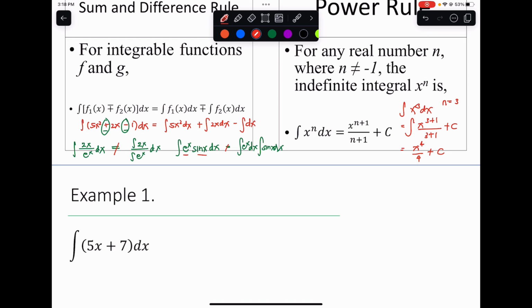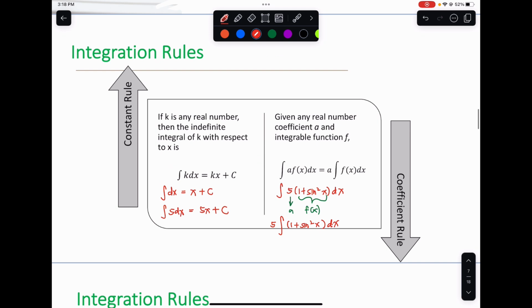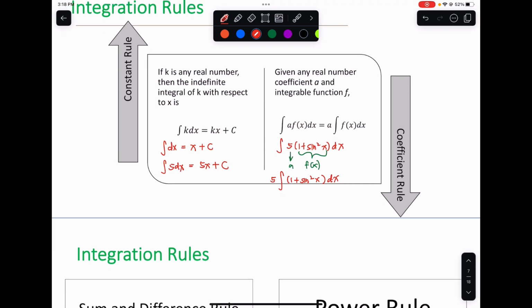This is used for algebraic functions, and for polynomials, as long as we have a real number for the value of n. So those are the 4 rules. Again, first is the constant rule: the integral of a constant is simply the constant multiplied by x.